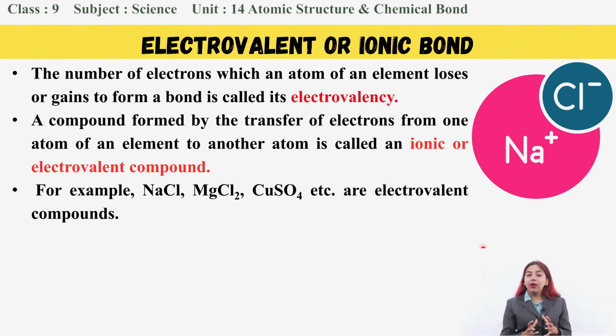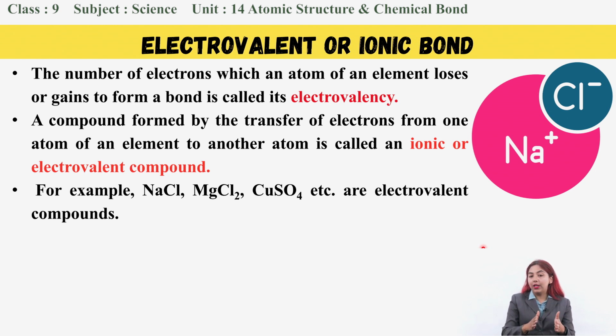Now, the number of electrons which an atom of an element loses or gains to form this electrovalent bond is called electrovalency. So electrovalency means the number of electrons which either an atom loses or the other atom gains.